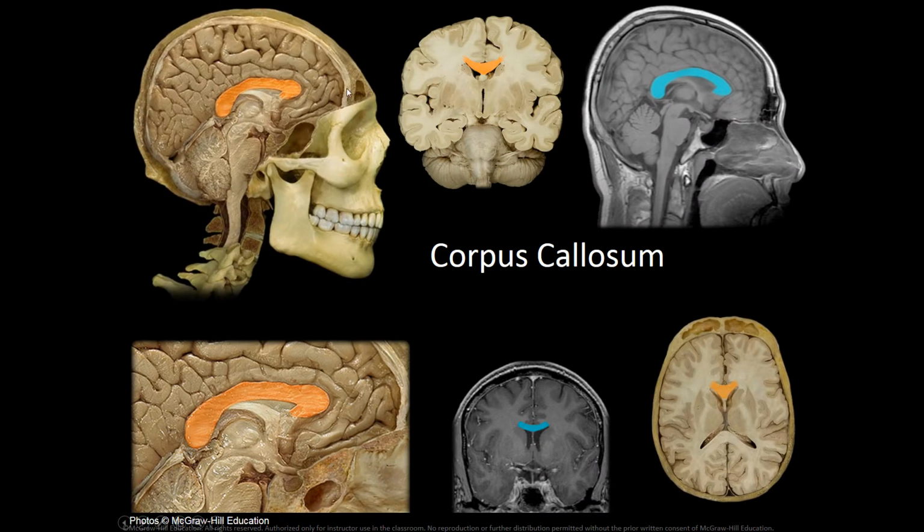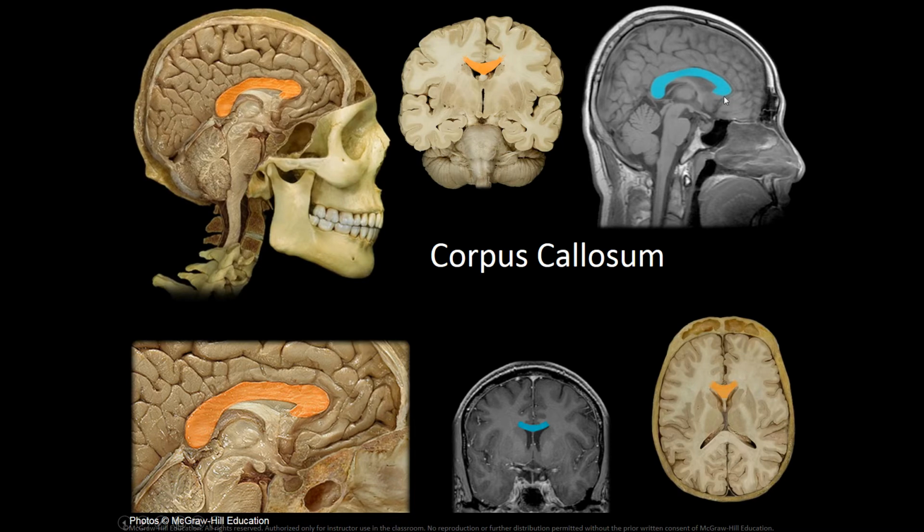Here is the location of the corpus callosum, in this medial view, at the bottom of the cerebrum, interconnecting the left and right hemispheres. As you can see here, this is a frontal section of the brain. This will be the right side, this is left, and this is the corpus callosum connecting both the right and left hemispheres.